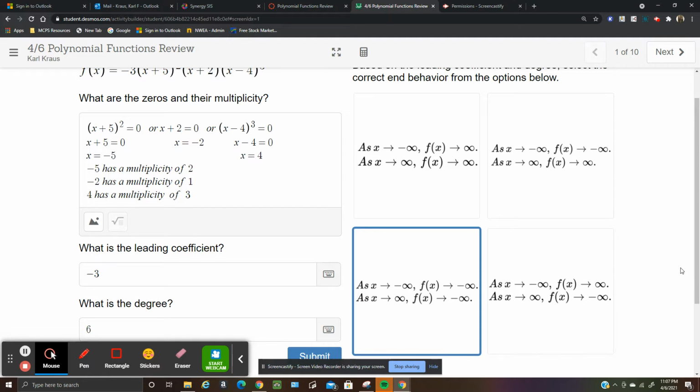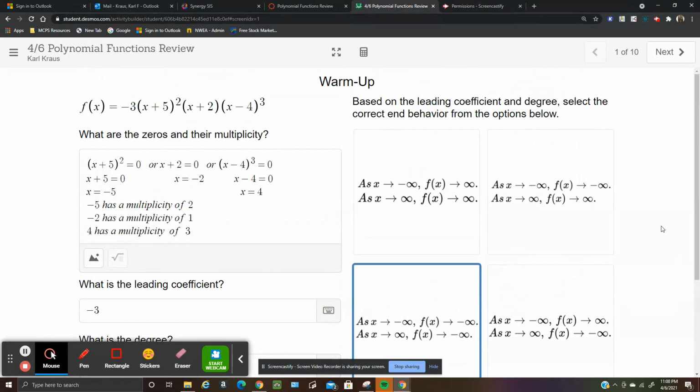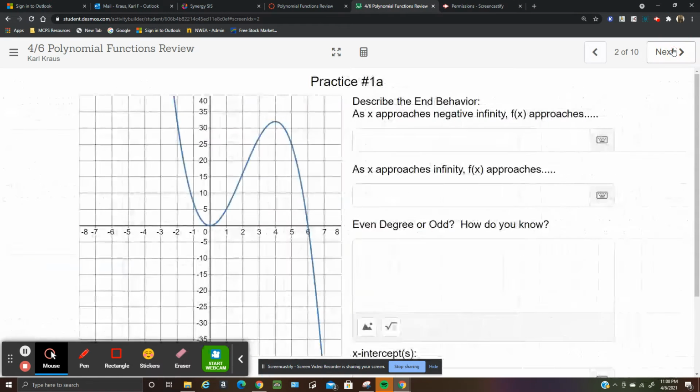So that's this one. And number 2, as x approaches negative infinity, f of x approaches infinity. And then as x approaches positive infinity, f of x approaches negative infinity.